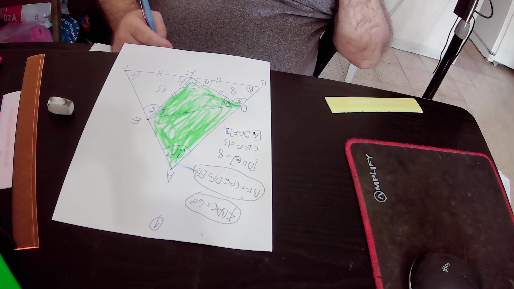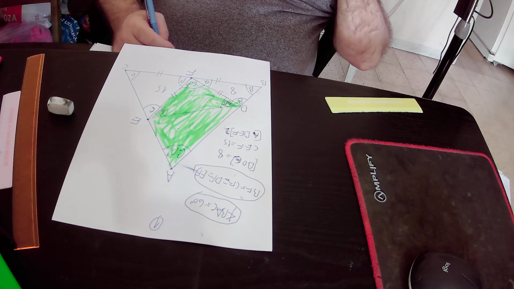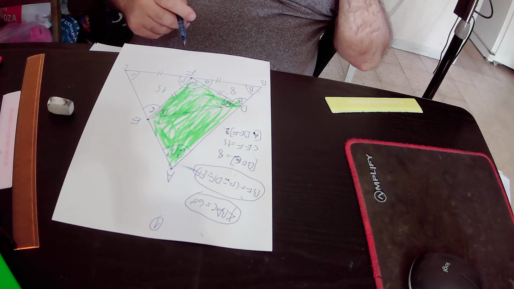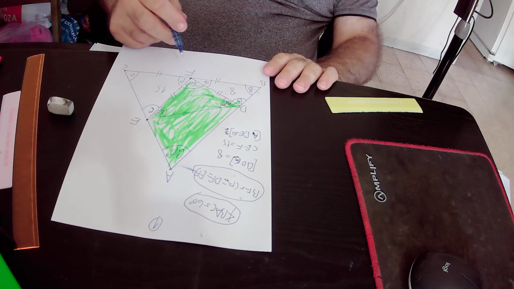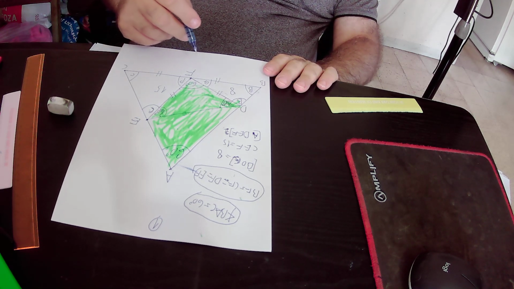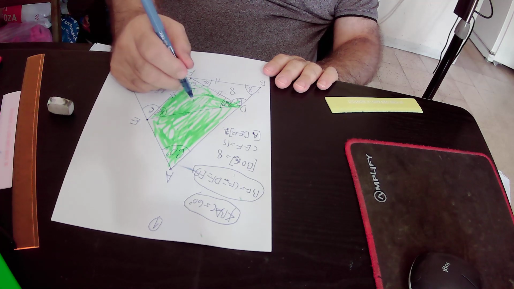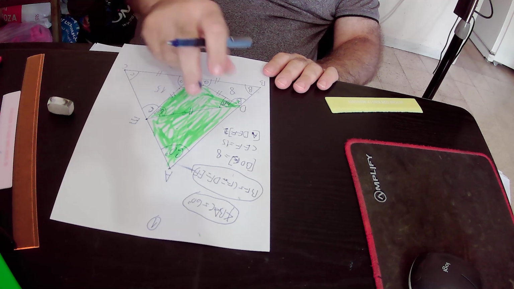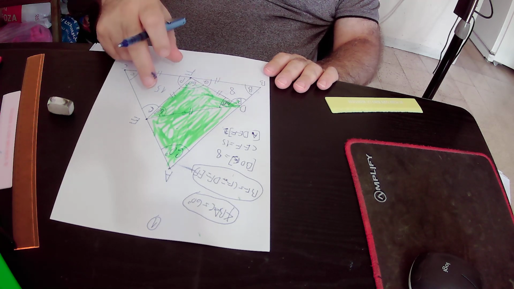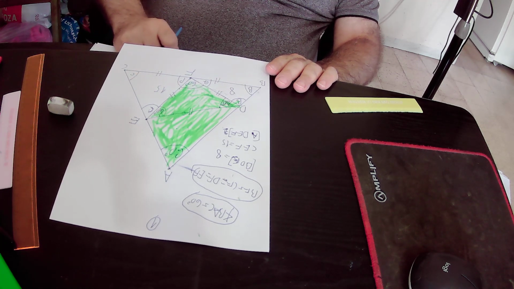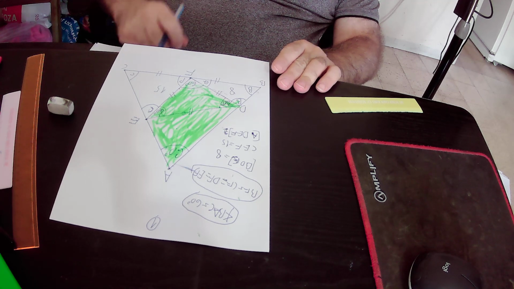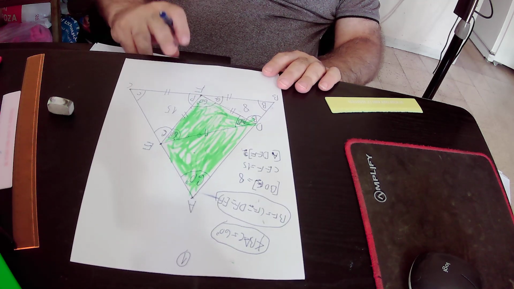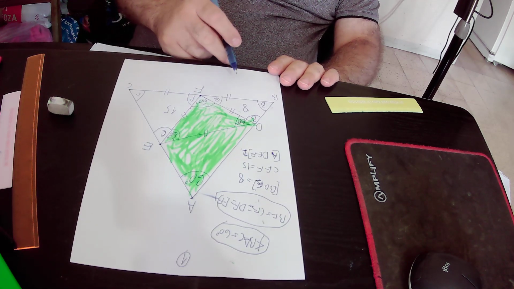Therefore, triangle DFE is an equilateral triangle, and in an equilateral triangle, all the sides are equal to each other. So side DE equals side DF equals side EF. Actually, all the sides that I marked with 2 lines are equal to each other.